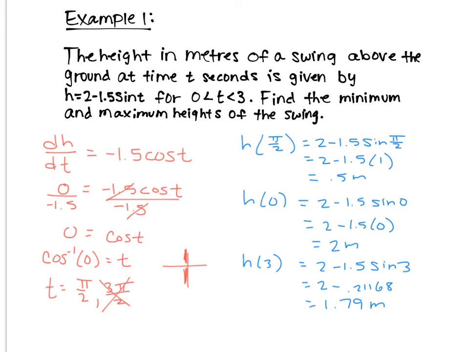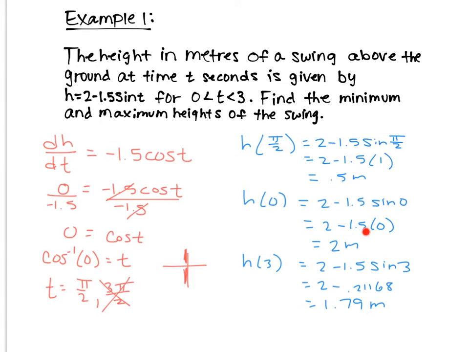Okay, so we now know the heights at each of our key points. We know the heights at our 2 endpoints and at our 1 stationary point. We know that a global maximum is only going to be able to happen at either a local max or an endpoint. And we know that a global minimum is only going to be able to happen at a local min or an endpoint. So the highest of our 3 key points has got to be our global maximum.